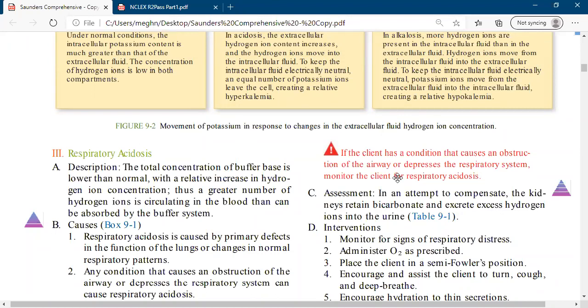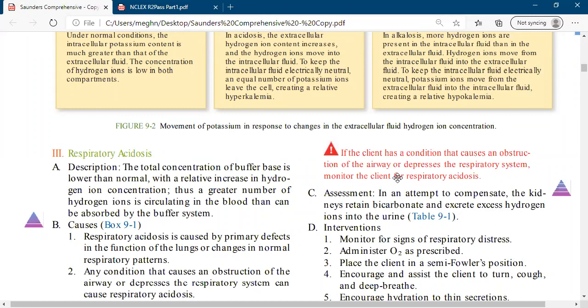Respiratory acidosis, I said. Again, something very important: if the patient has a respiratory tract problem only, anything related to your respiratory system, upper or lower respiratory, the problem must be either respiratory acidosis or respiratory alkalosis.